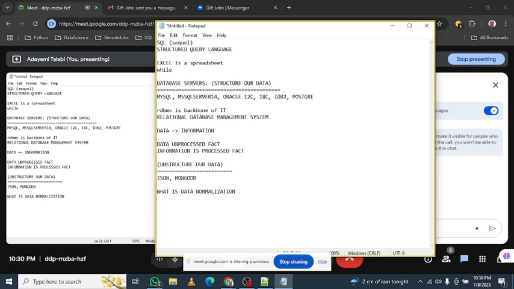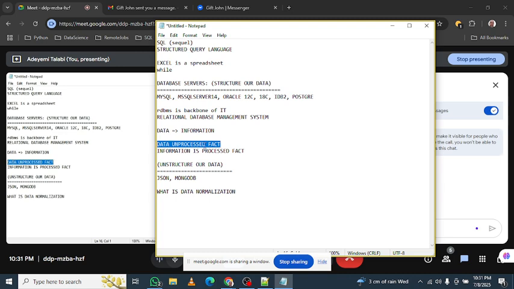They are telling us that the major work of data normalization is to turn data, which is unprocessed parts or raw materials, into information.